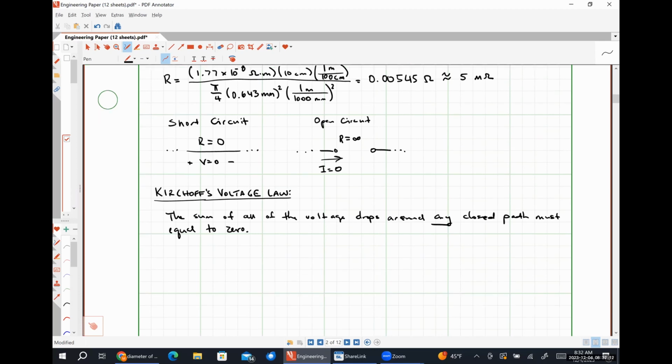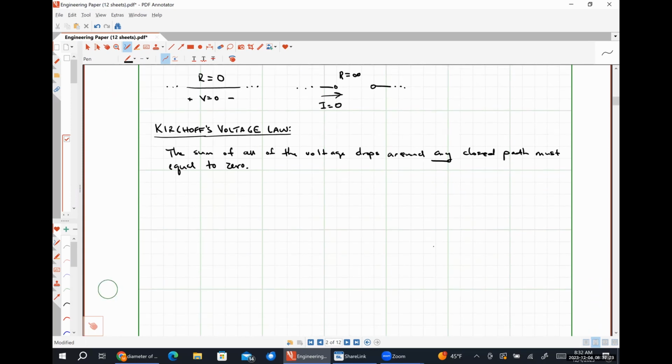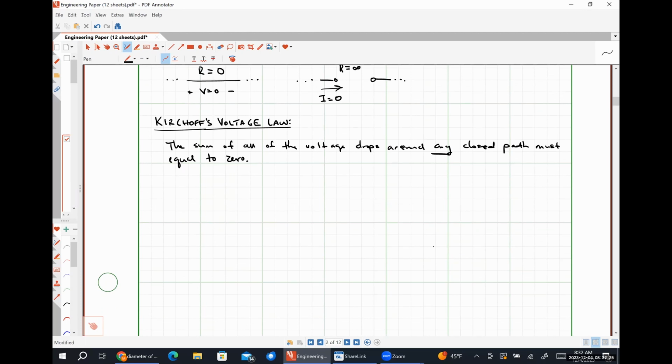The great thing about it working around any closed path is that we can be pretty imaginative about the paths that we use in order to figure things out. So in its most simplistic form, we can use Kirchhoff's voltage law to find voltages. I want to define a circuit here.